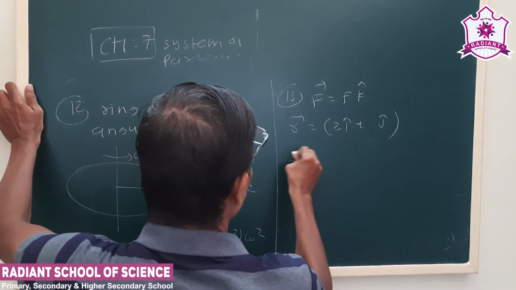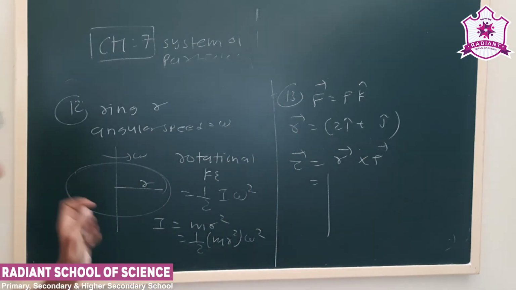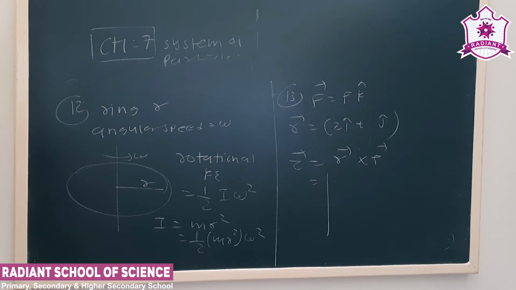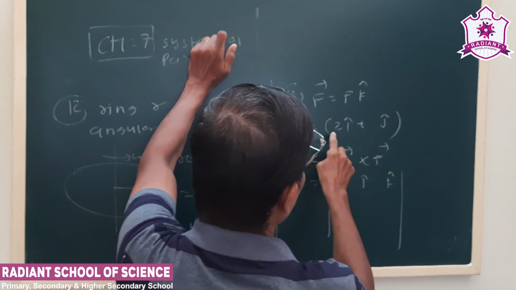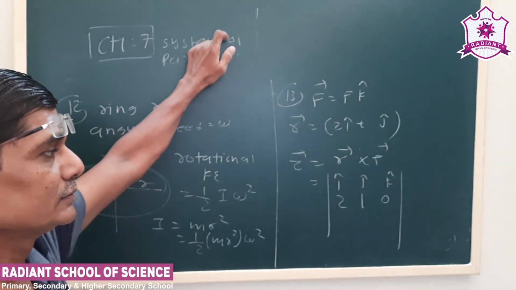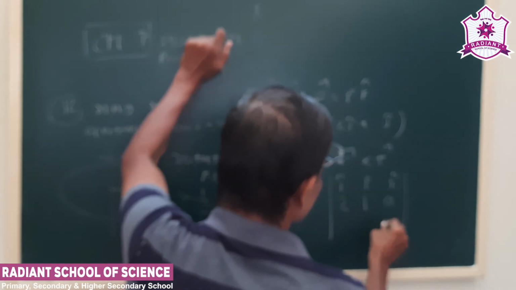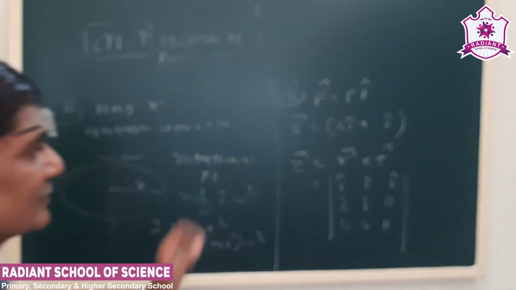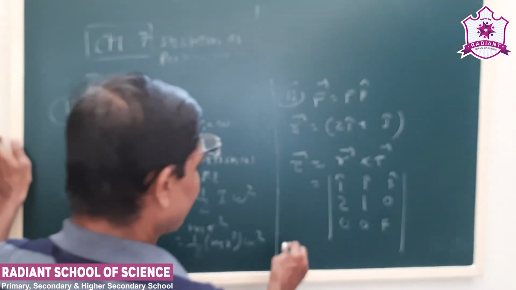Now see, torque is the vector product of r and F. Here the answer will be in terms of F only. Using i caret, j caret and k caret, r is the position vector, so it will be 2, 1, and the z component is 0. Here force is only the z component, F. Now we have to simplify.